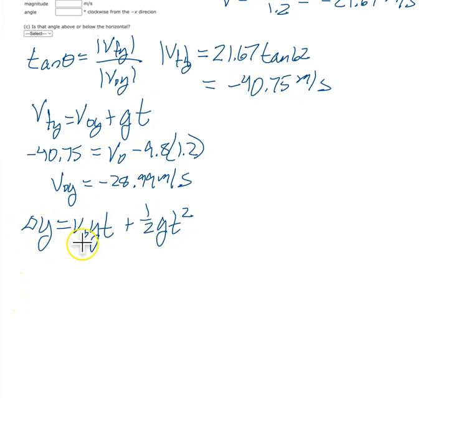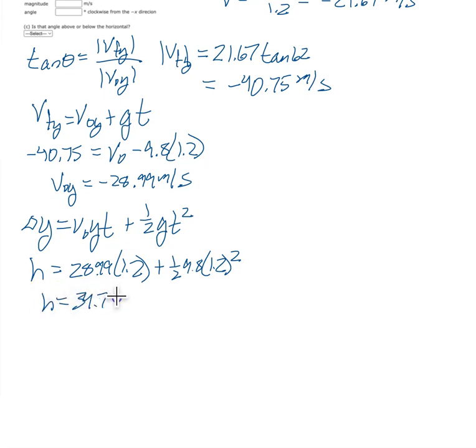Because they're all negative, let's just leave it positive, and say that the height is equal to 28.99 times 1.2 plus 1/2 of 9.8 times 1.2 squared. If we do our math, h is equal to 34.79, and we add to that 7.056, and we end up with a height of about 41.8 meters.